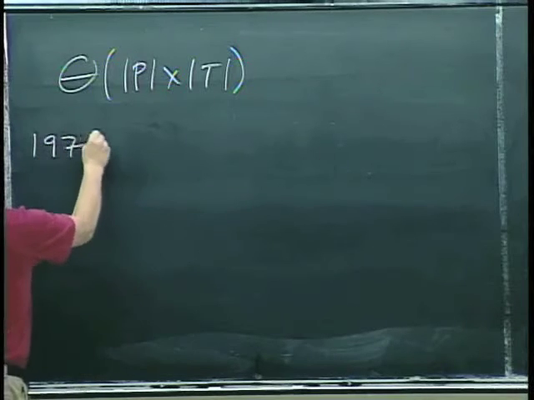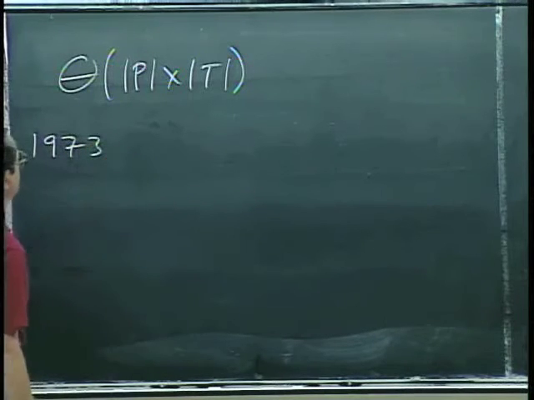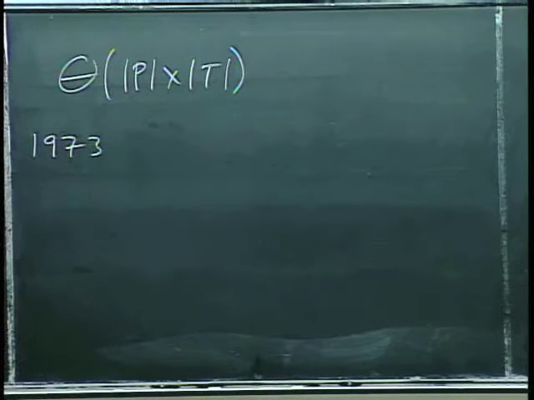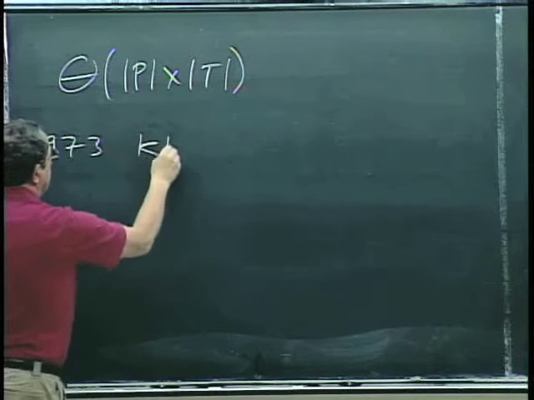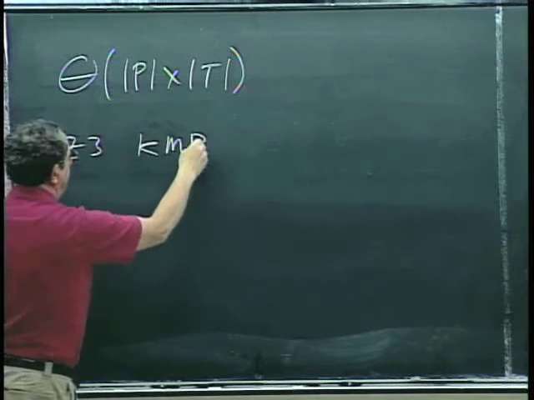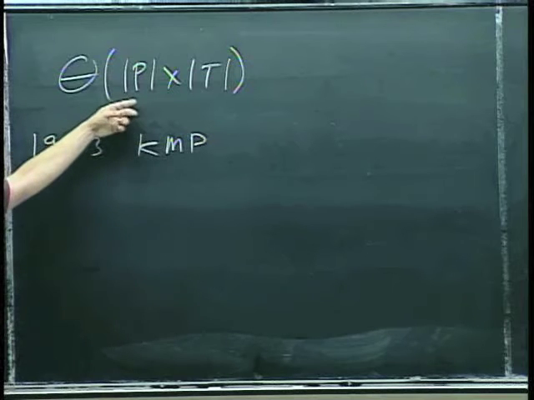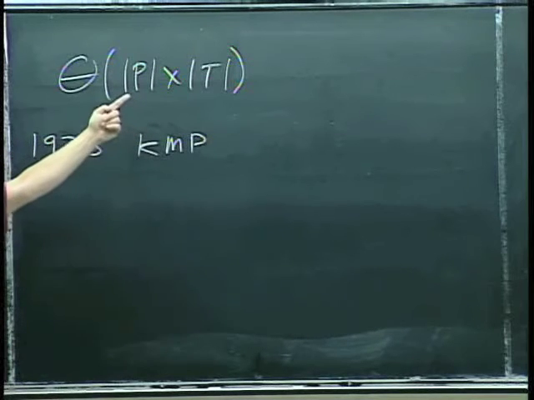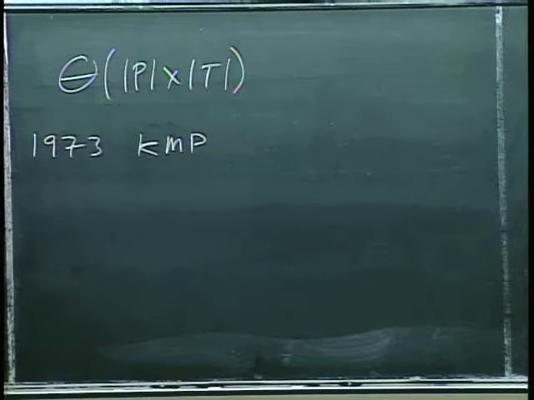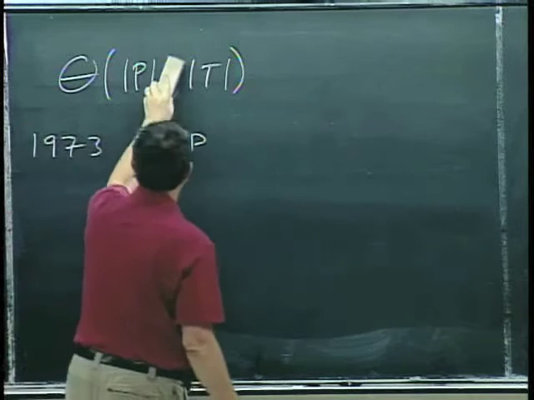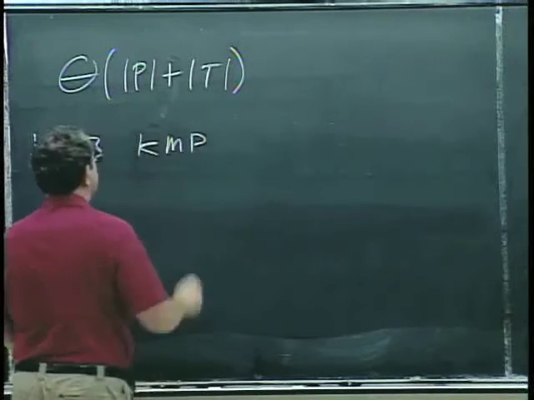1973, around about there, maybe a little bit before then, I think the first Knuth Morris Pratt came up with an algorithm that was much more efficient than p times t, did something very non-trivial. They replaced this symbol with this symbol.